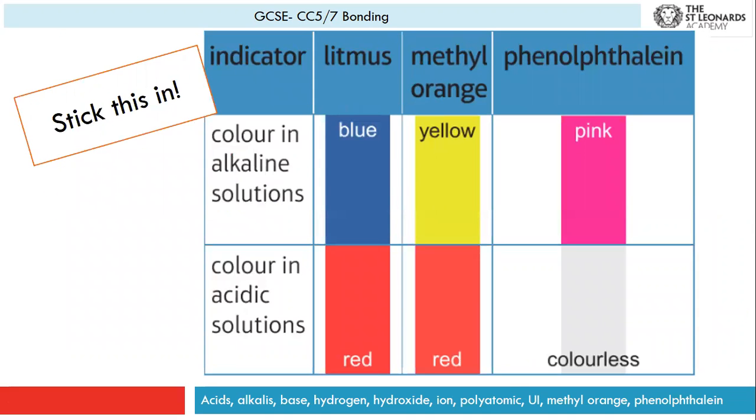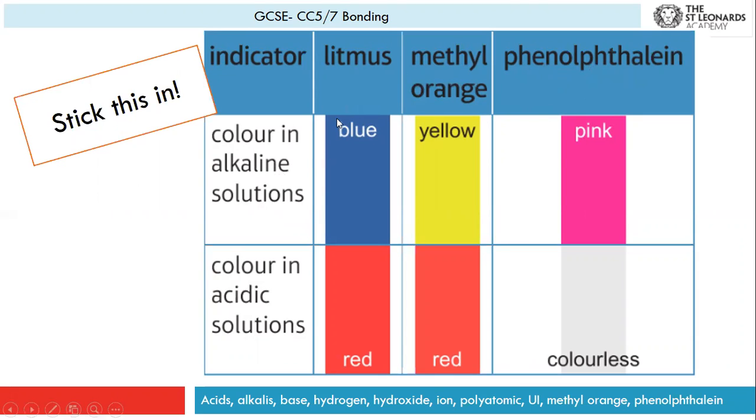What I would like you to do is to pause the video here and just copy this table into your books or onto a piece of paper, as it will help you to remember the colours that alkalines turn with different indicators. So we've got litmus paper, we've got methyl orange, and we've got phenolphthalein.